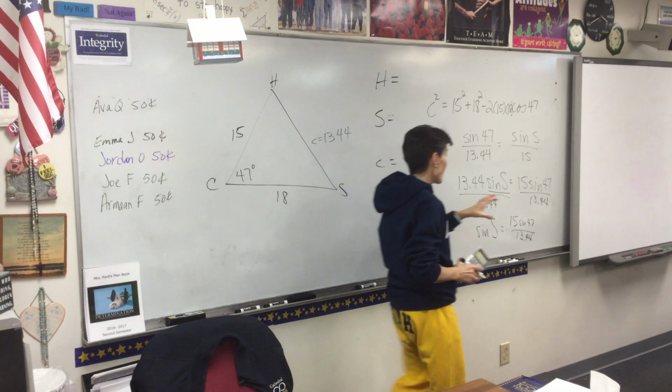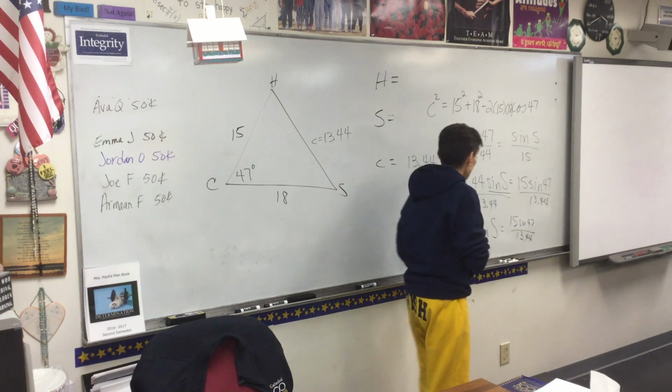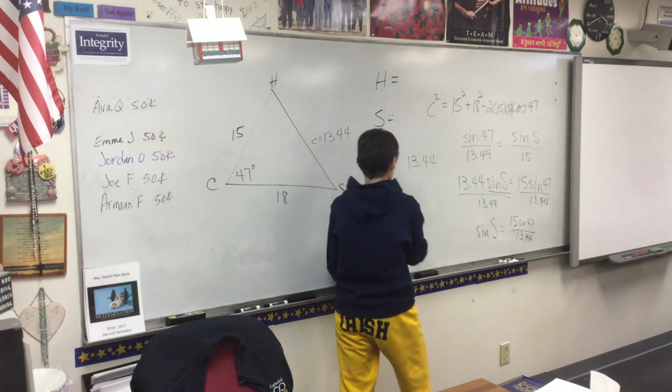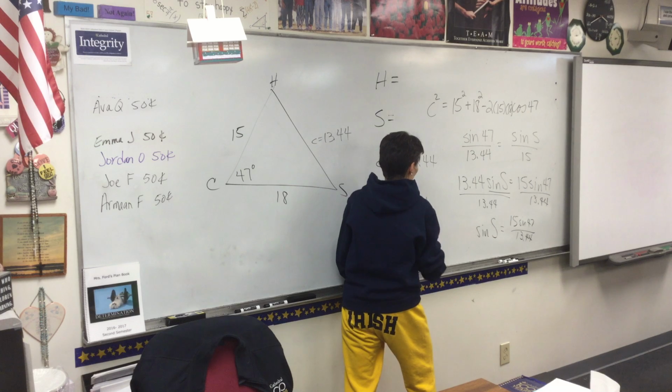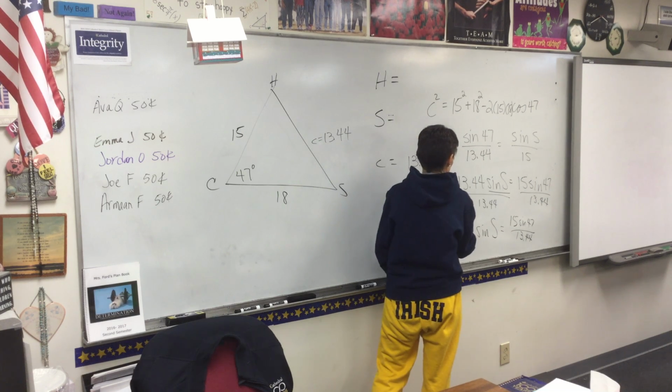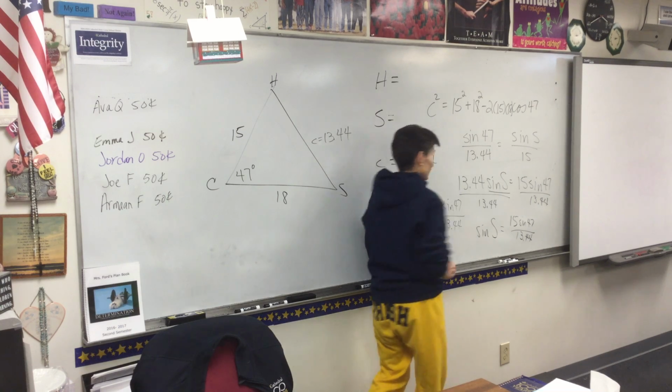Now, if you type in that fraction, that will not be the answer. We've got to second sine it. Anytime you're looking for an angle, you have to second sine it. On our quiz, we were looking for sides, right?